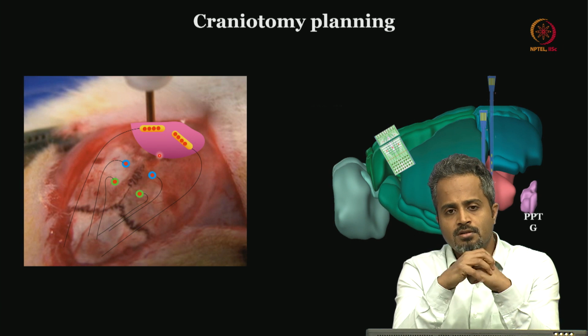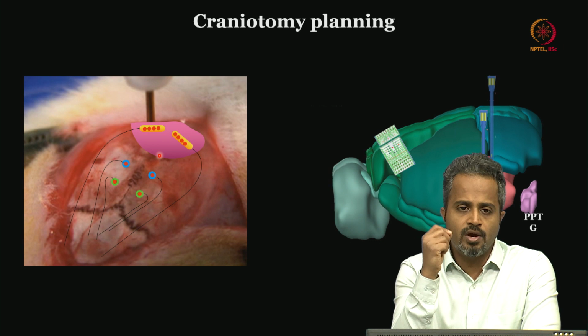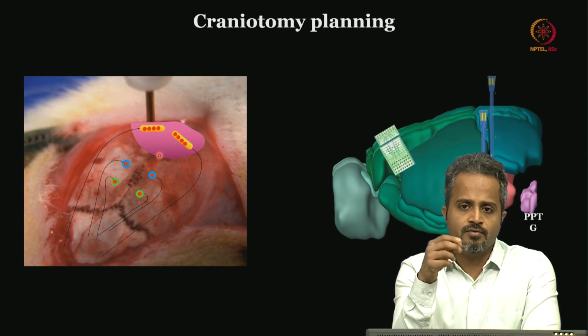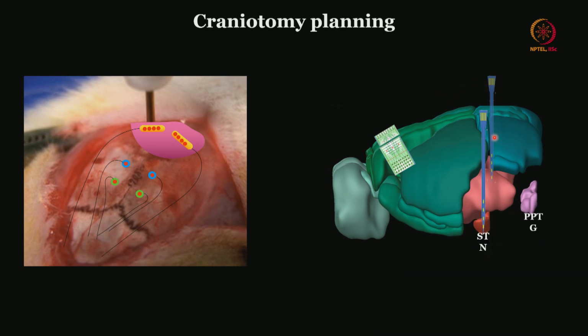So it's very important that you pre-plan the entry point of your depth electrode. For example, on the right hand side you can see that these two are the depth electrodes entering the deeper subthalamic nucleus in the basal ganglia, and that is the surface electrode.